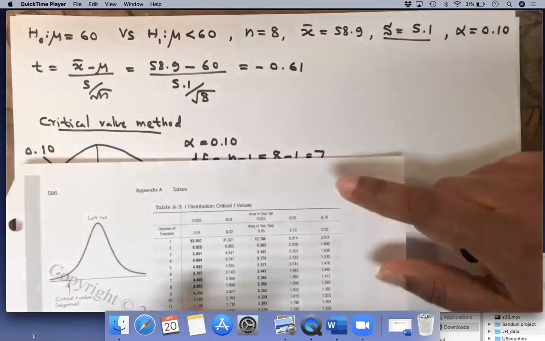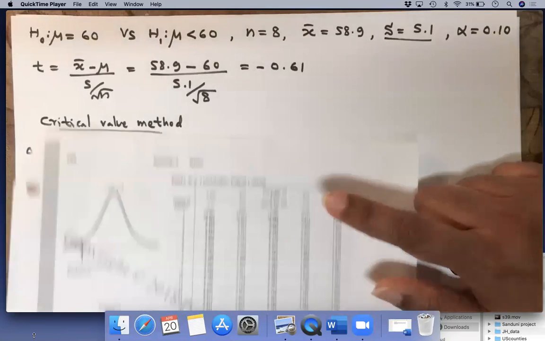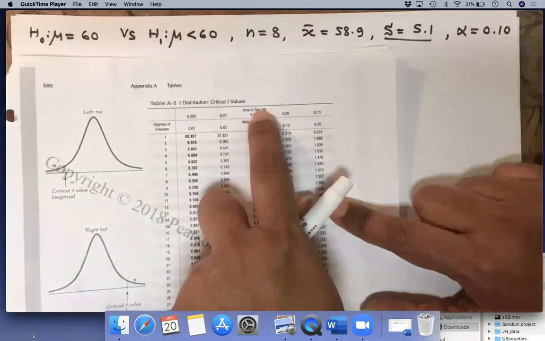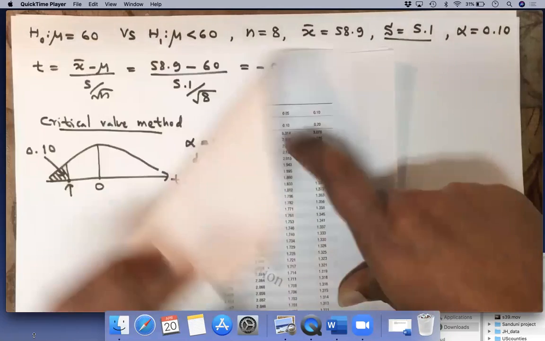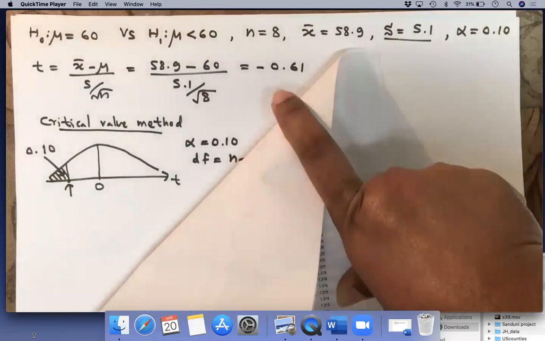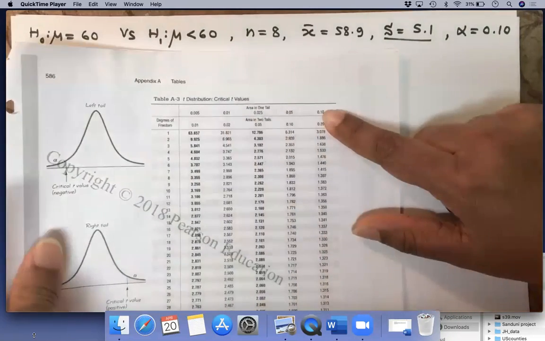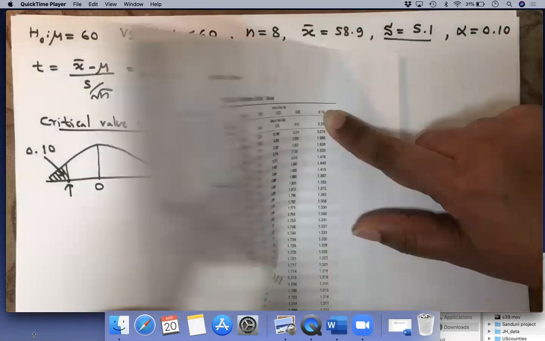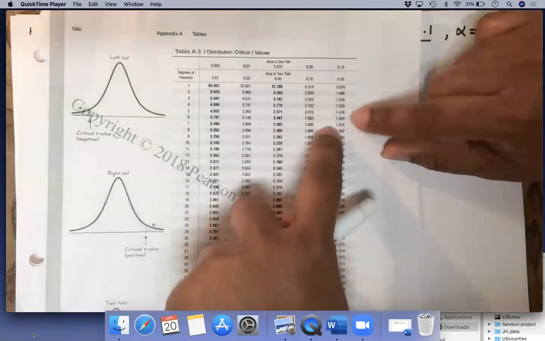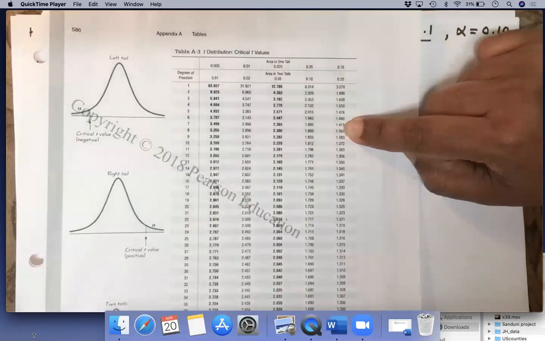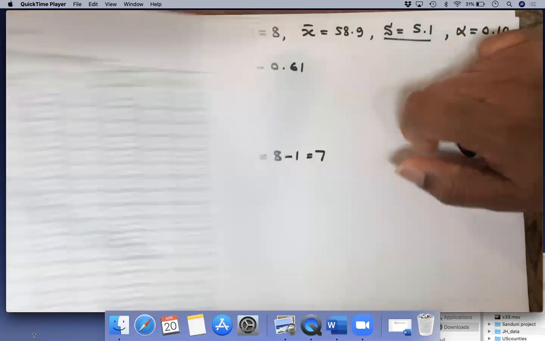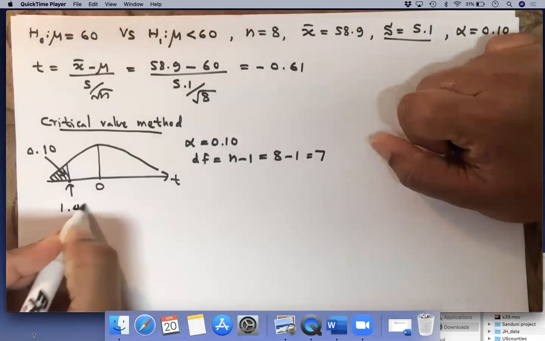Alpha is 0.1. This is a one tail test. The area in one tail should be 0.1. That is the last column. Degrees of freedom is 7. So what is the corresponding t value? The t critical value is 1.415.